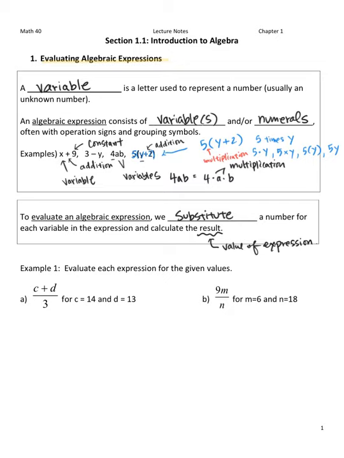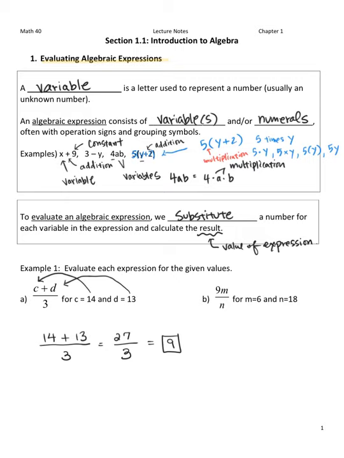Okay, so we're going to substitute 14 for c and 13 for d, and then carry out the calculations. So it's going to be 14 plus 13 and then divided by 3. 14 plus 13, that's 27, and we're going to divide that by 3. So that will be 9. Okay, that's it for that.